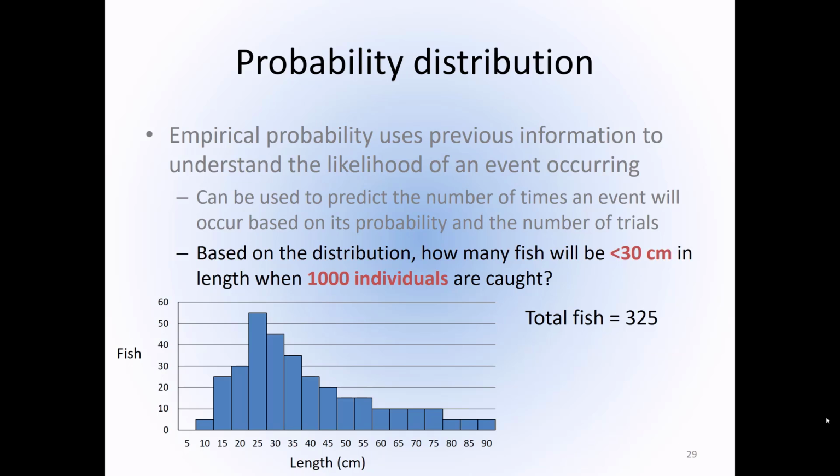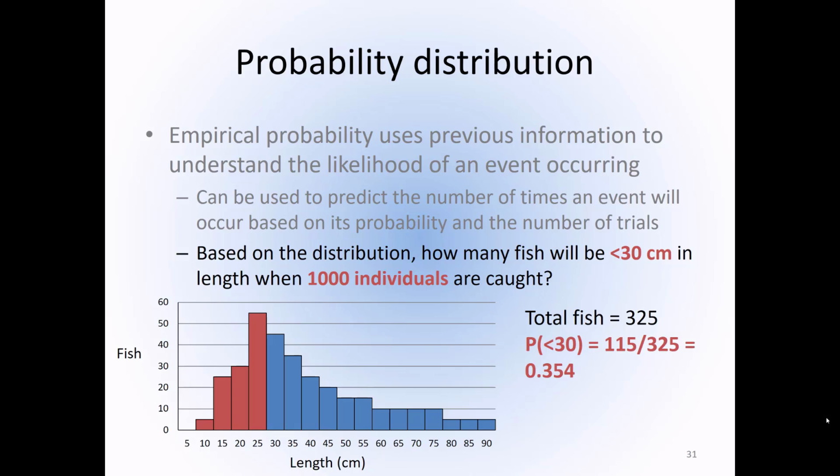Let's say that we're interested in fish that are less than 30 centimeters in length, because these are the smallest fish. Maybe they need a bit more protection. We've still sampled 325 fish. In this case, we're interested in all the fish that are less than 30 centimeters in total length. So we need to take the summation of their frequencies and divide that by the total number of fish that we've sampled.